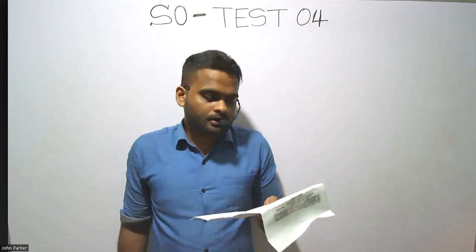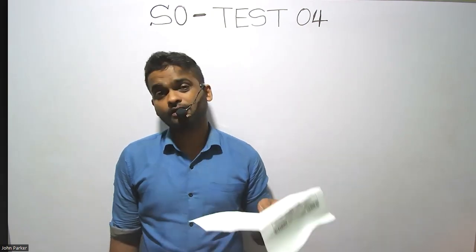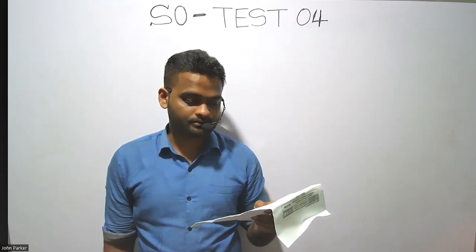Seventh question. The magnitude of the resultant of two equal vectors is equal to F when these vectors are inclined at an angle of, right?